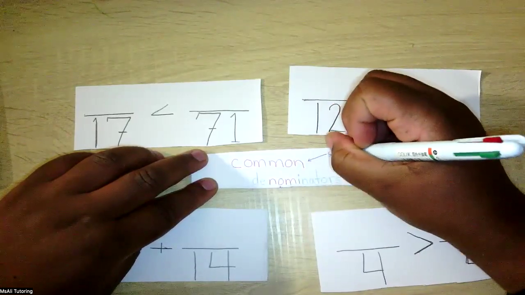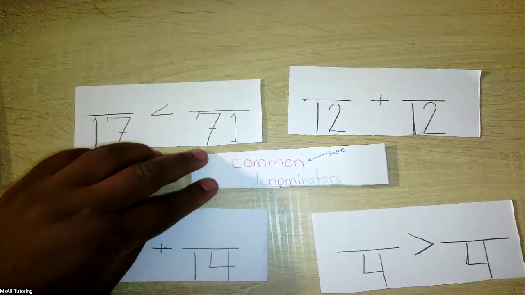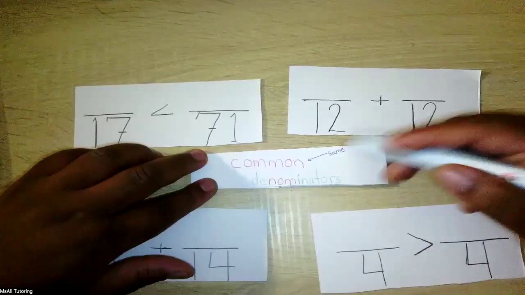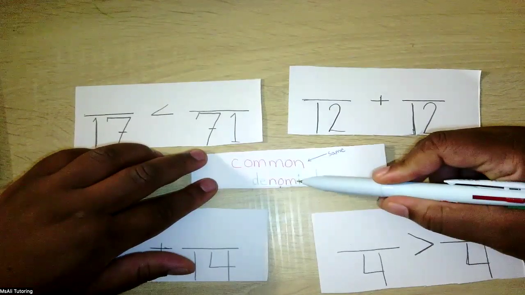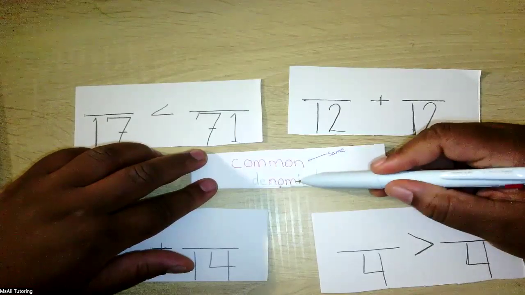For example, if you and I like the same cartoon, then we have that in common. That is something that is the same between us. And so common denominators are just fractions that have the same fraction name.